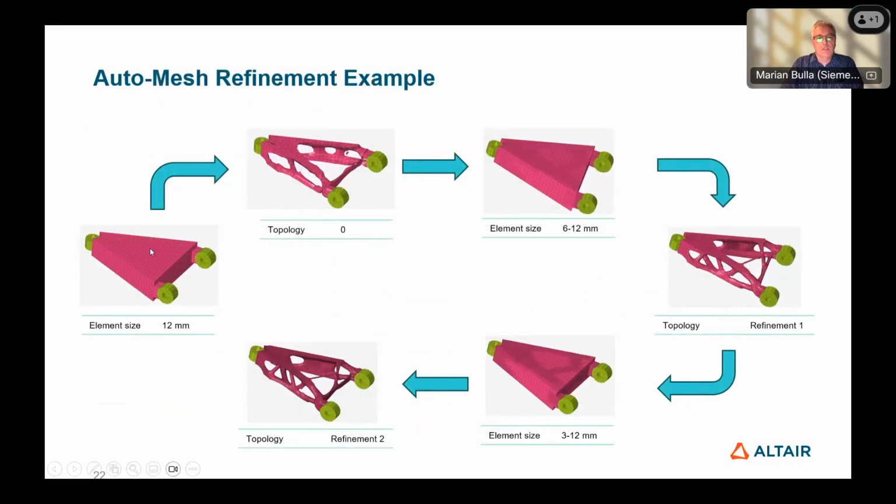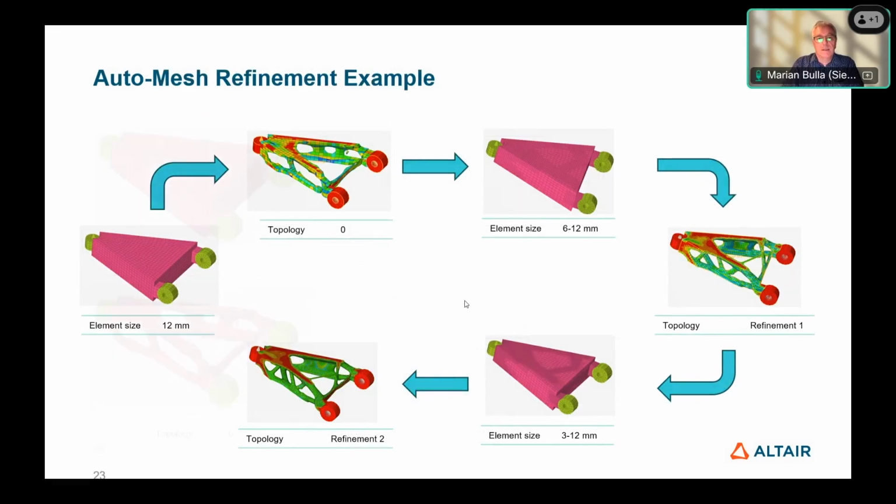This is how it looks. You start with the coarse mesh, and then the first topology will be created, then the refinements will take place, and then you have the second level of refinement, which will go deeper into finer structures and results. This is what you would see.